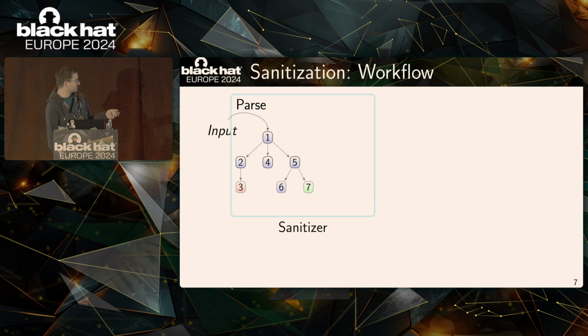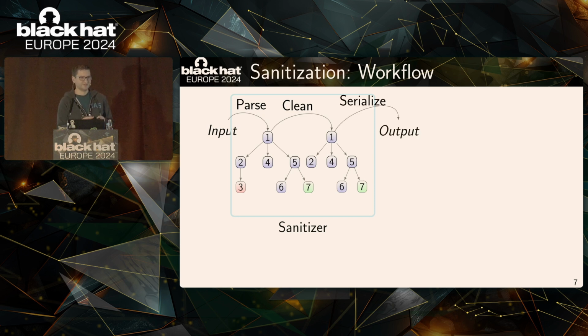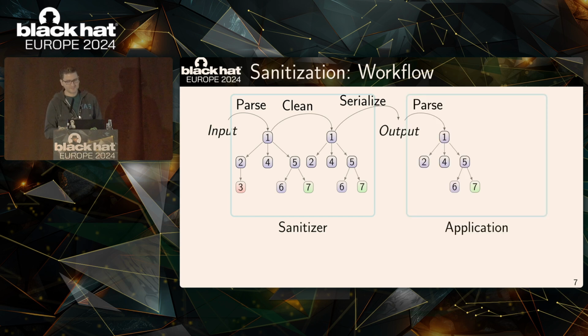Here we have this node in red, which is dangerous, and then the sanitizer does a cleanup phase and removes everything that's dangerous from the DOM tree, and then turns it back into text because HTTP is text-based, and sends it to the browser.